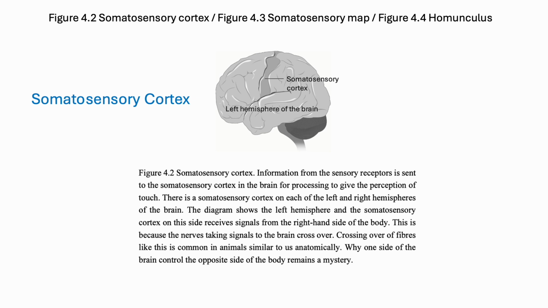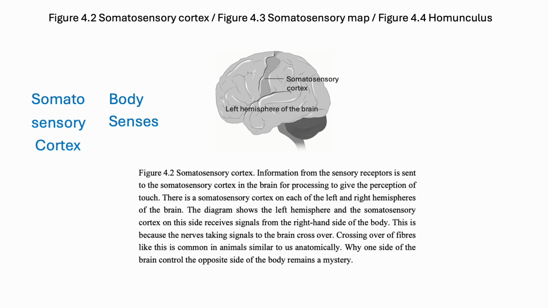To some, the word somatosensory cortex may seem a bit of a mouthful, but when anything seems complicated, the best way to tackle it is just to break it down. So somato comes from the word soma, meaning body. So it's something related to our whole body.